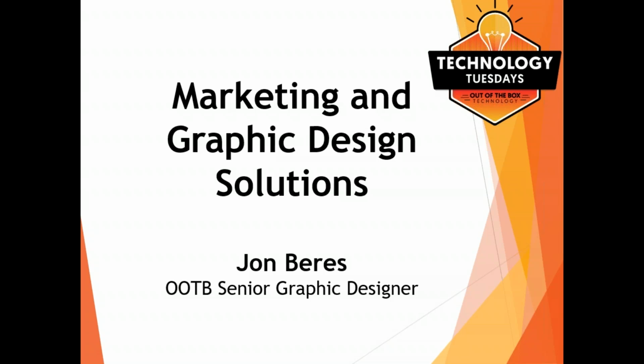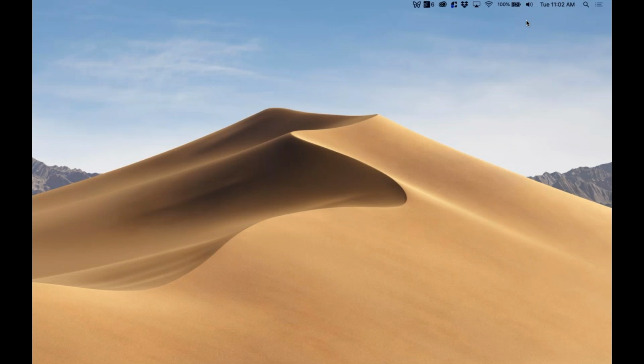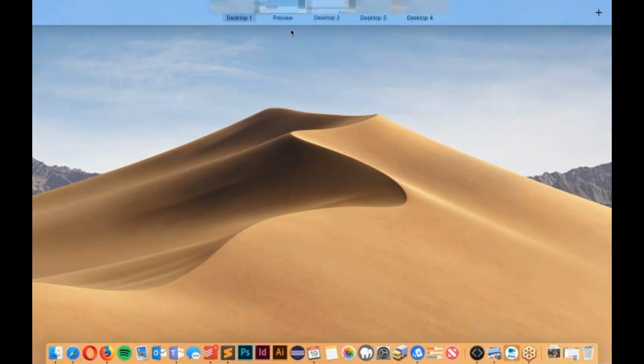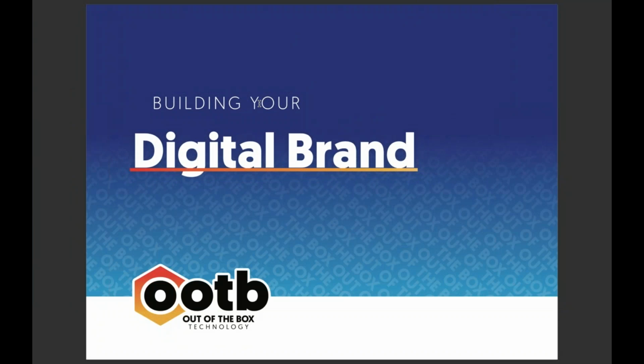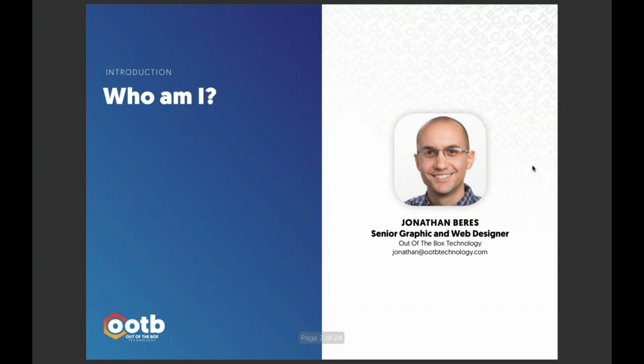All right, sounds good. Let me just get my screen up, and there we go. All right, so as Jennifer said, I'm here to talk about your digital brand. Who am I? I'm Jonathan Barris, the senior graphic designer and web designer of Out of the Box Technology.